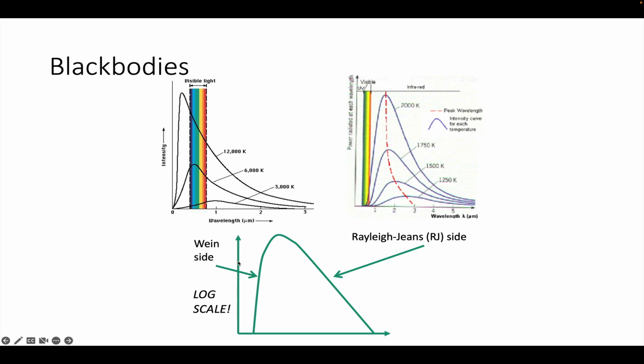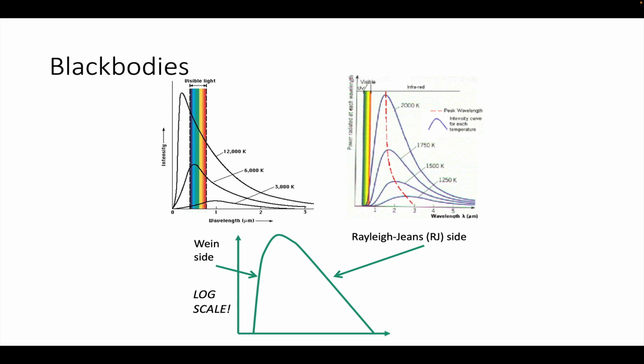So there's, in this case, spectral energy in log on the y-axis and wavelength in log on the x-axis. And this side is called the Wien side because it was mathematically described first by somebody by the name of Wien. And this side is called the Rayleigh-Jeans side because it was first mathematically described by two different people, one by the name of Rayleigh and one by the name of Jeans.